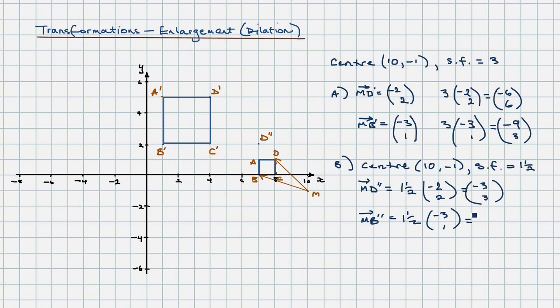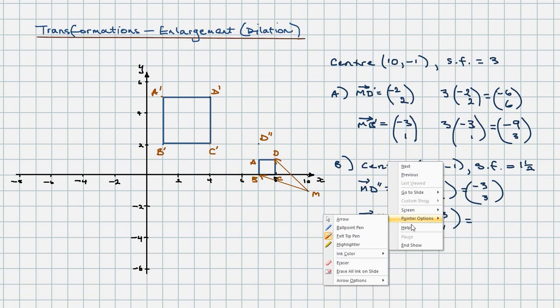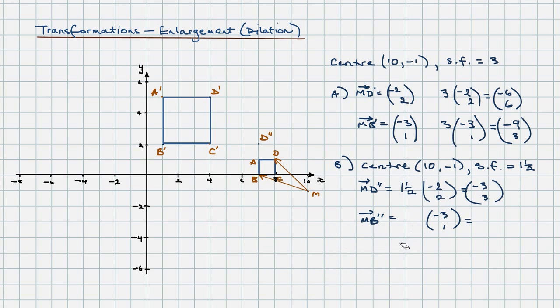If we want to make this a little bit easier to calculate, we could say 1.5 is 3 halves. I'm just going to change that to 3 halves. And then I can just multiply the numerator by minus 3. So we've got minus 9 divided by 2. That's going to be minus 4.5.